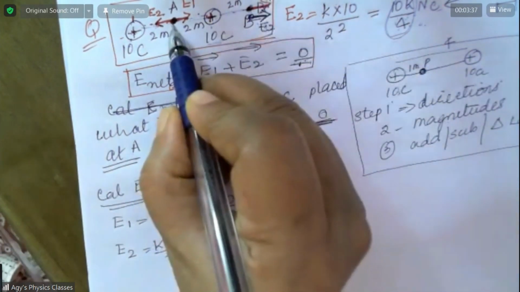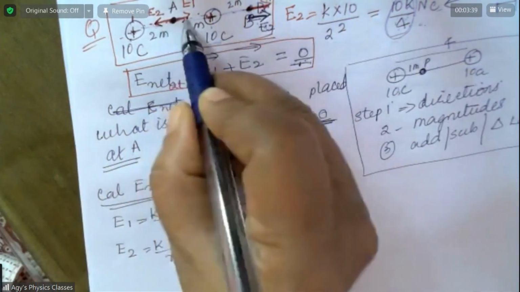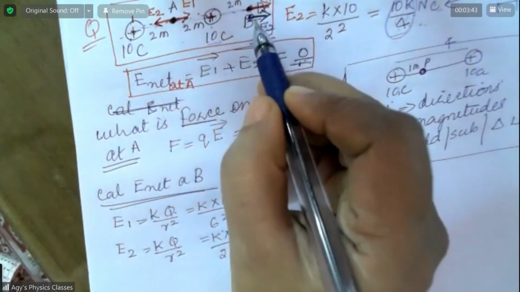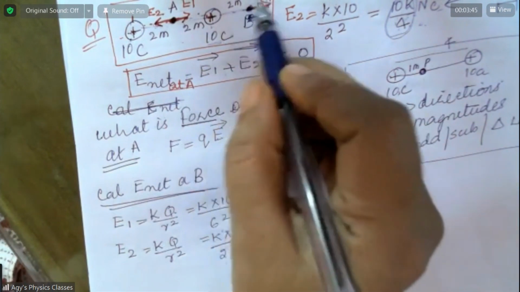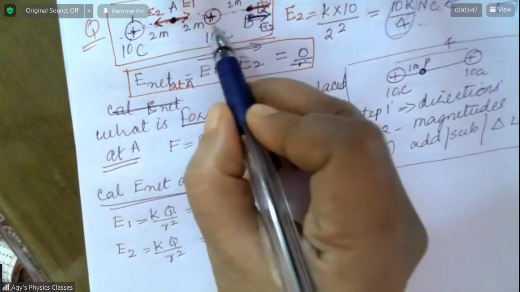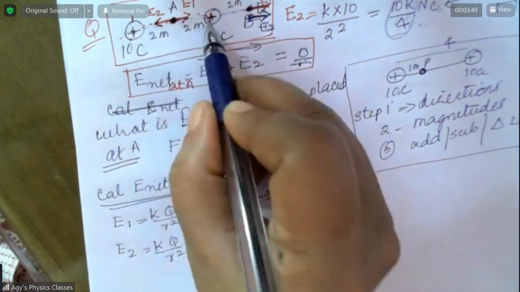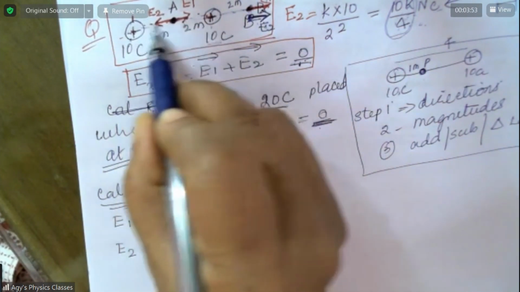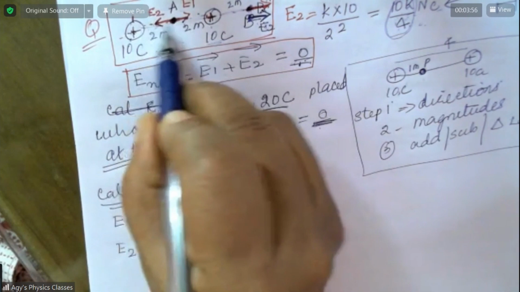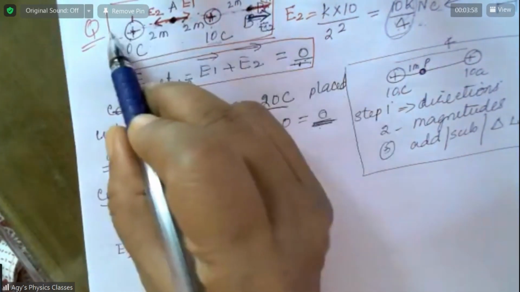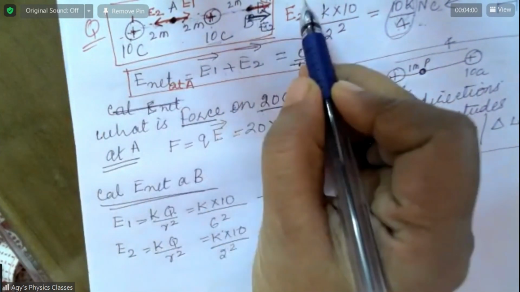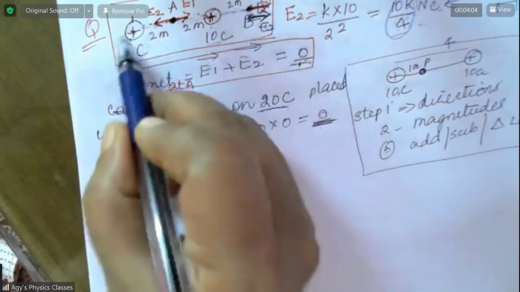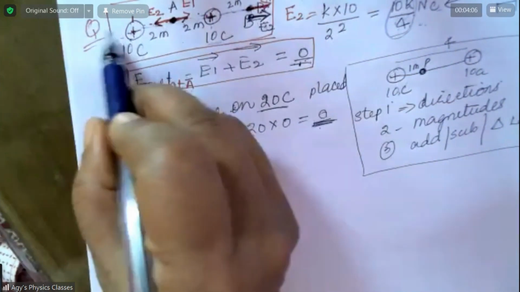Here, why did we subtract before? Because they were in the opposite direction. Here we have to add. There is no other option. So this also tells you that if you have the same charges, the electric field will be zero between the charges. And outside the charges, the electric field will never be zero, because outside, whether here or here, you will get it in the same direction.